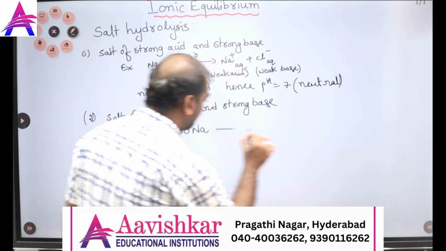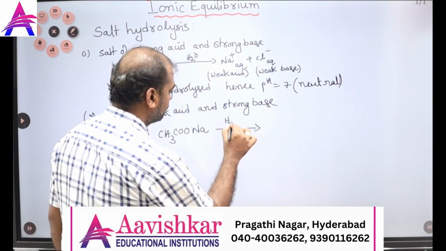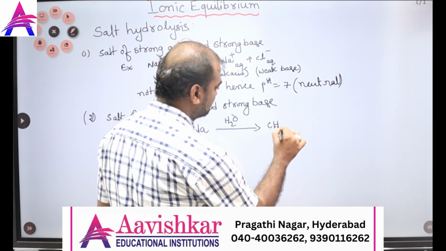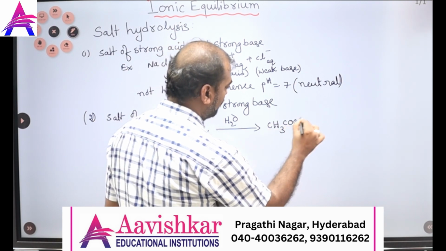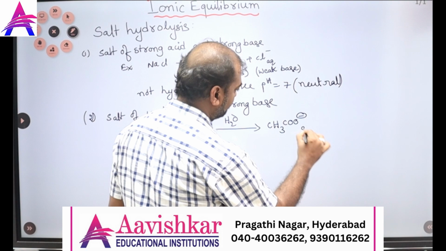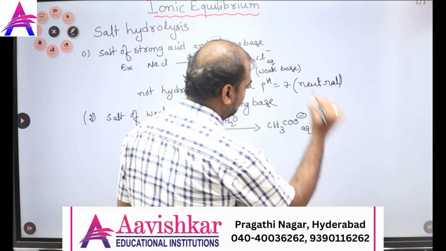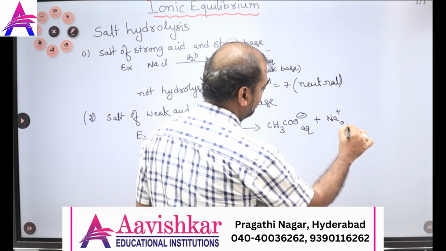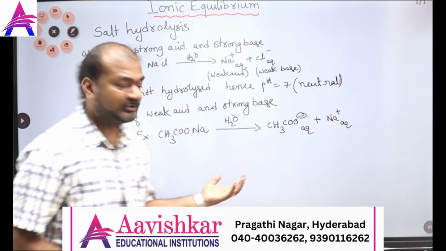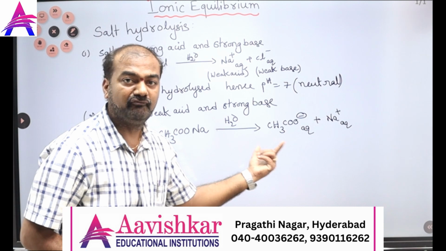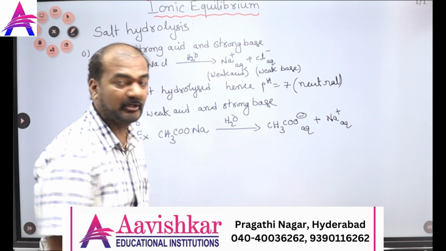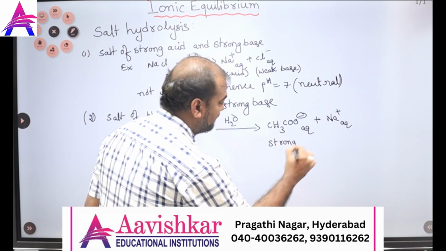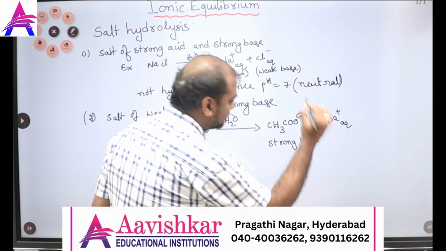When dissolved in water, it gives the corresponding ions, CH3COO- aqueous, the acetate ion, plus Na+ aqueous. Acetate comes from a weak acid, so acetate ion is a strong base.